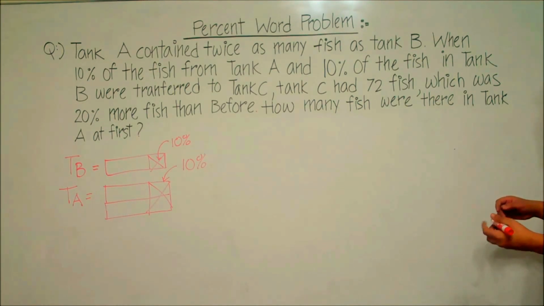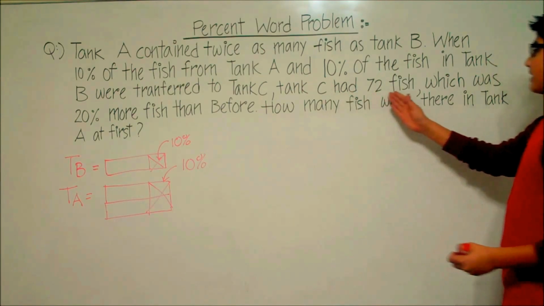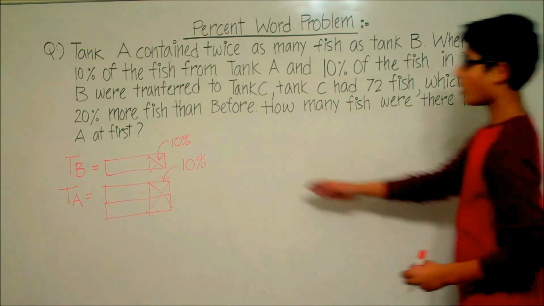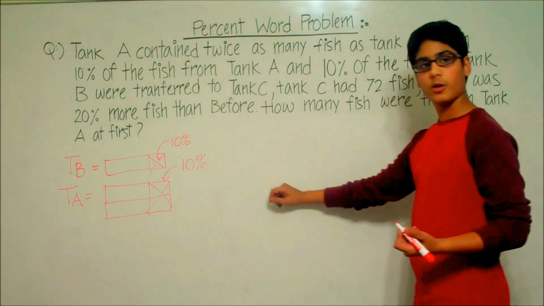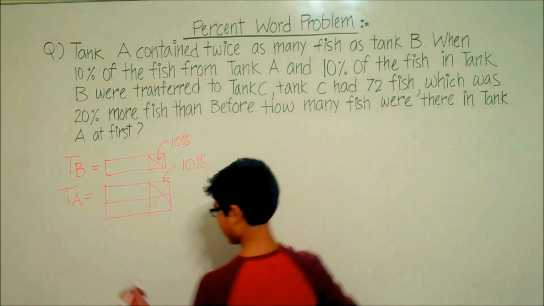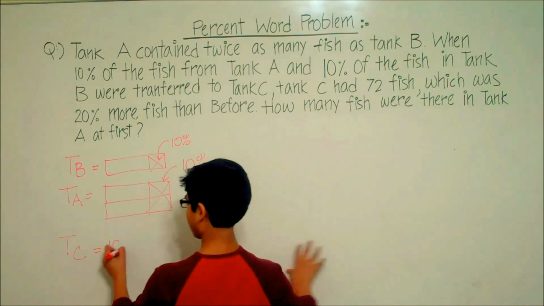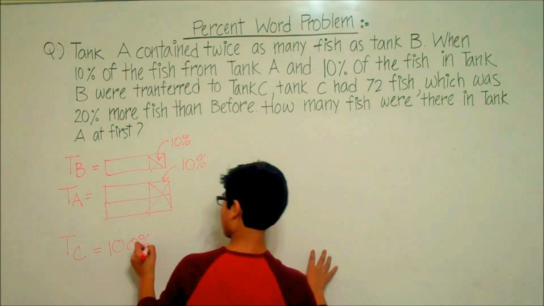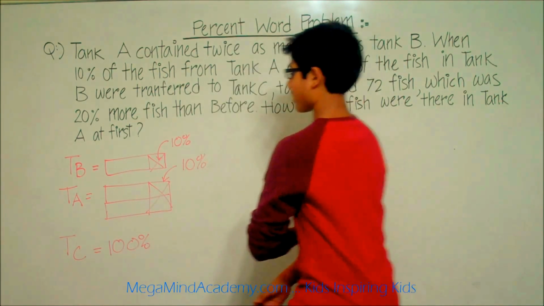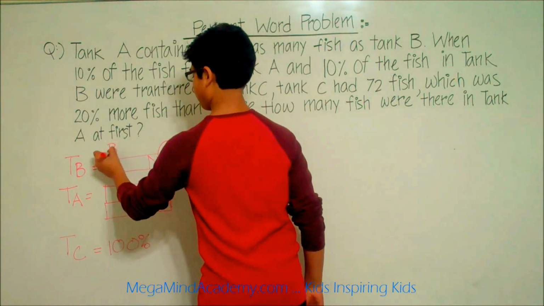And when they were transferred, Tank C had 72 fish, which was 20% more fish than before. So let's say that Tank C had 100% of fish before. So let's first name this column as the before column.